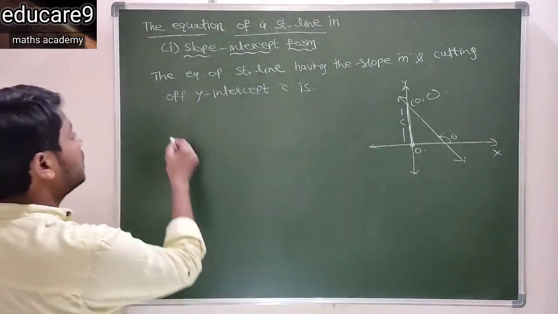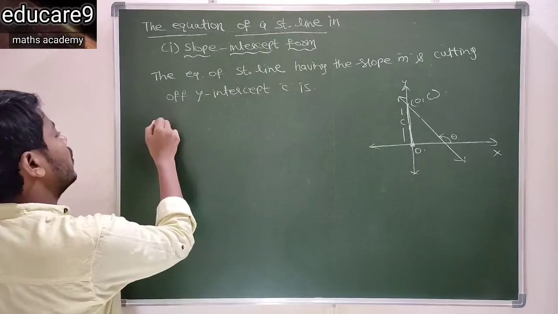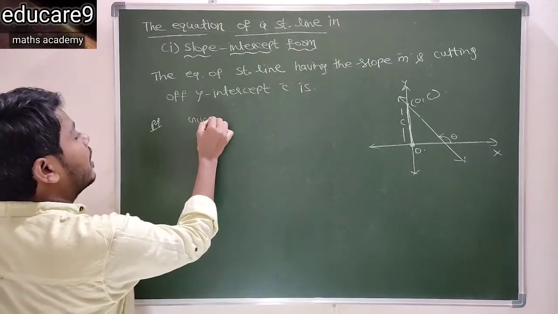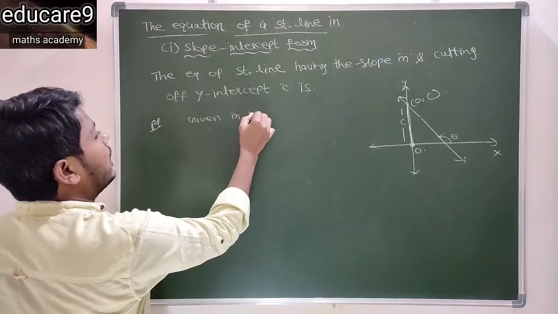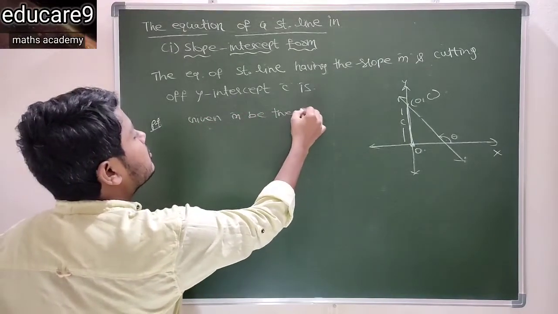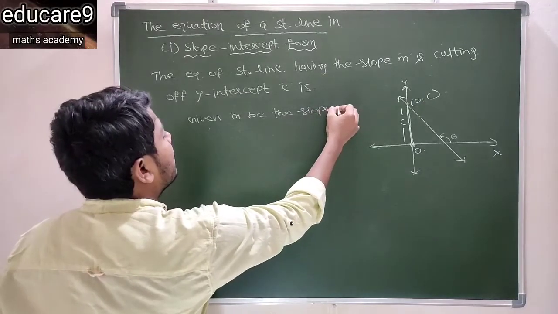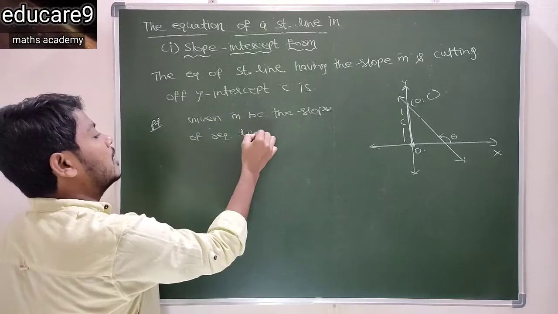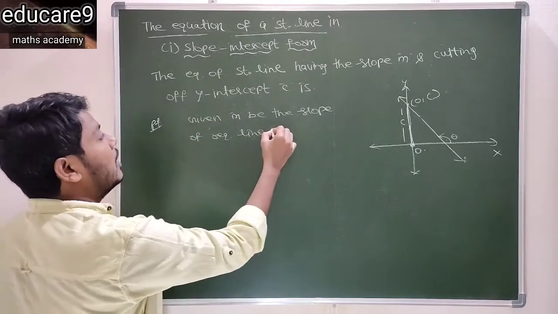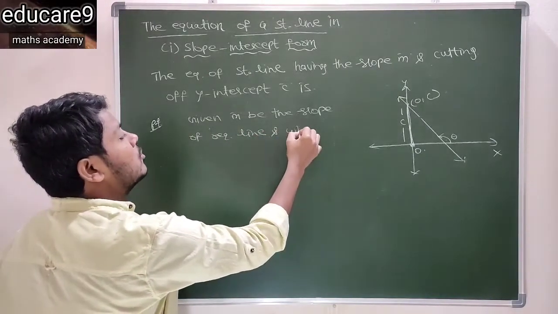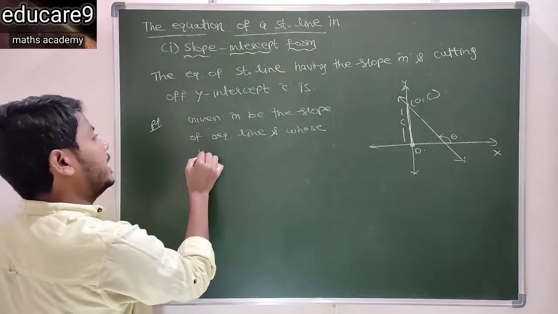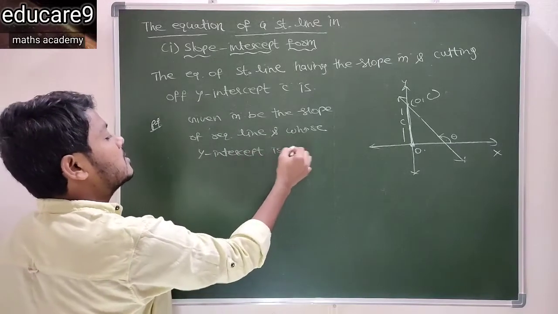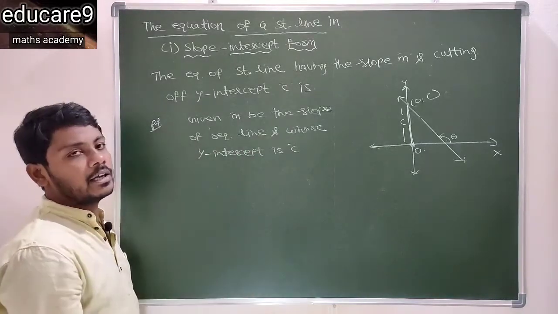Proof: given m is the slope of the required line and whose y intercept is c. So this is the given data.